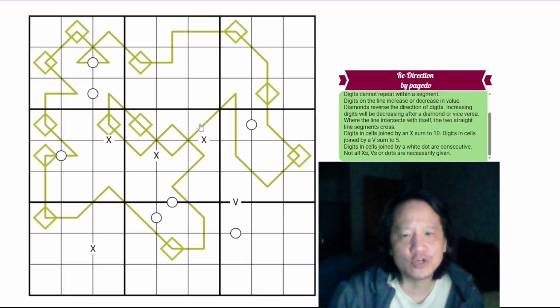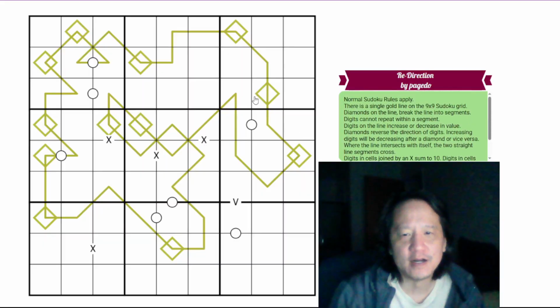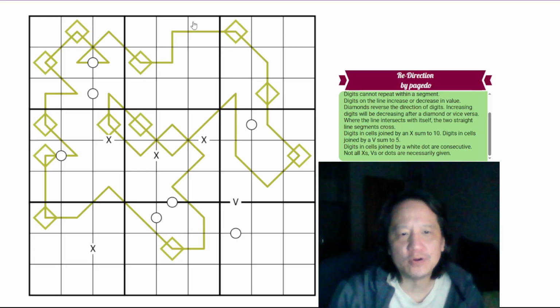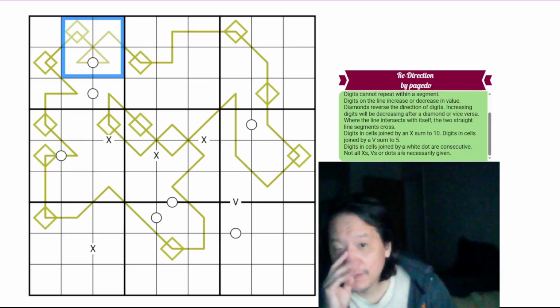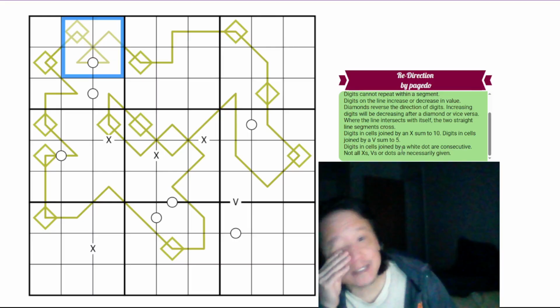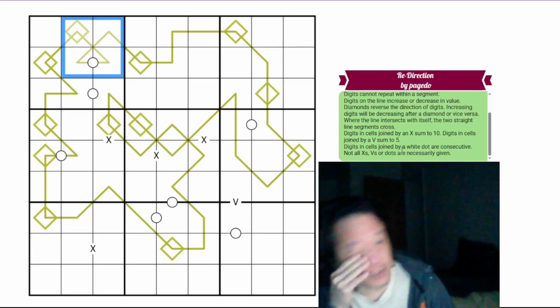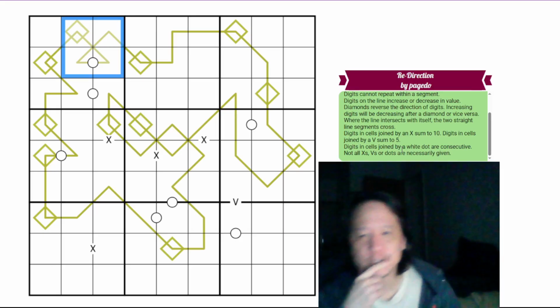So that's it for the line. You'll always be increasing or always be decreasing on a segment. You can never stay the same, and diamonds change whether it's increasing or decreasing.